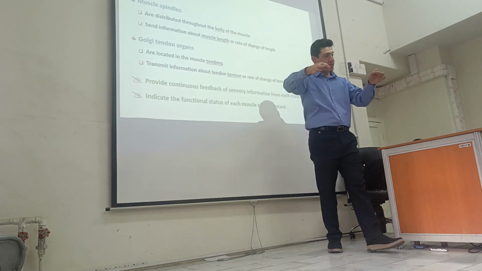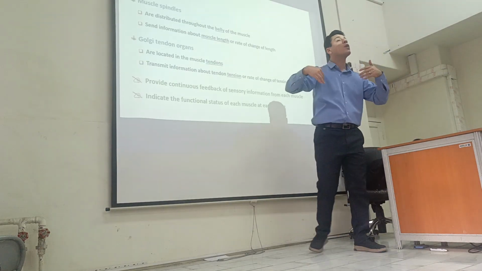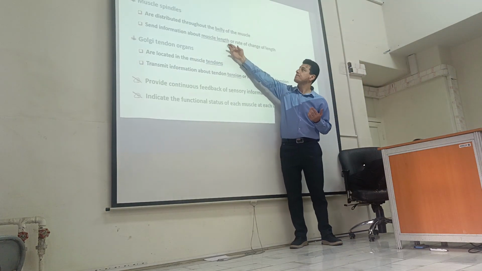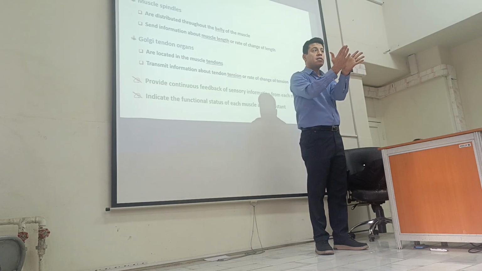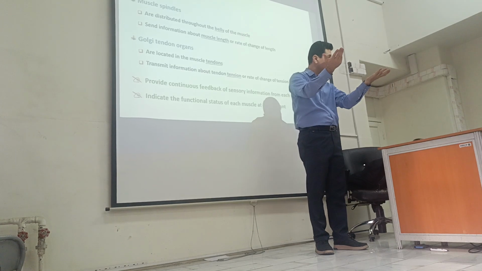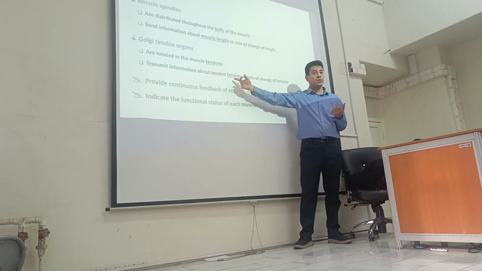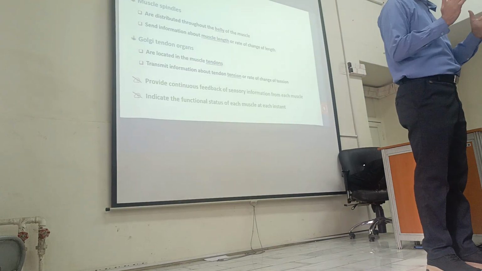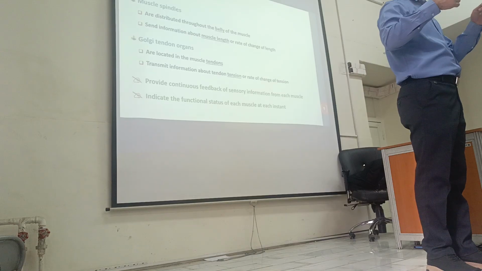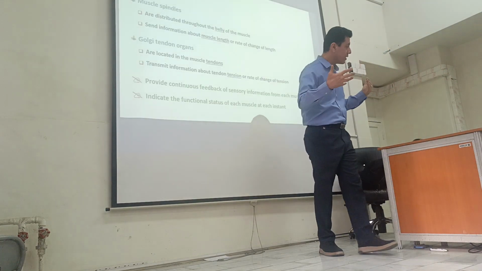So when you stretch the muscle, you increase the length, right? Which one is activated? Muscle spindle. If the muscle contracts, tension increases, right? Which receptor is activated? Golgi tendon. So Golgi tendon organ is activated when we have contraction. Muscle spindle is activated when we have stretch, when we increase the length of it.